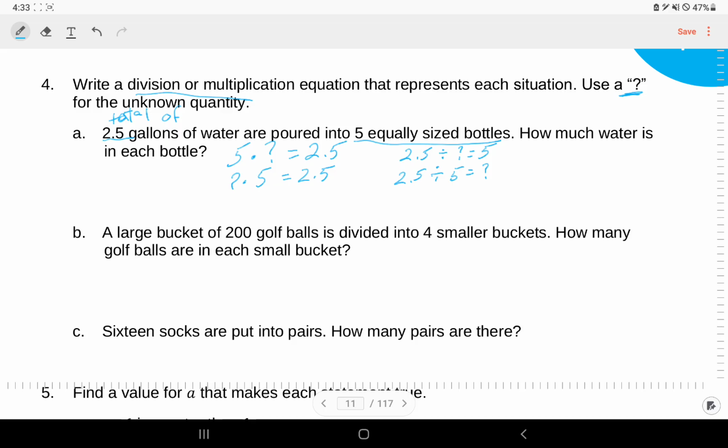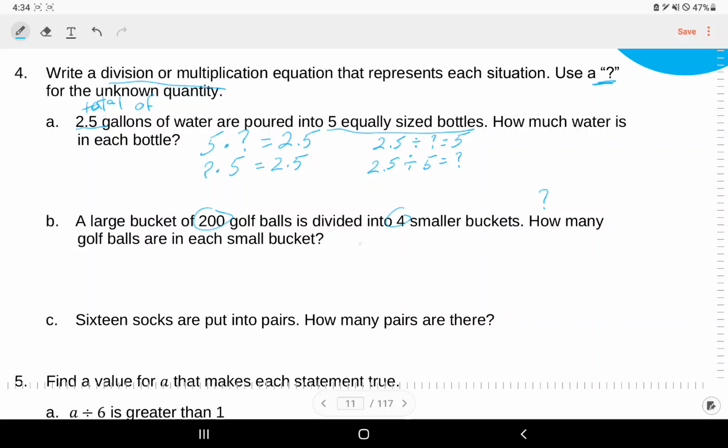Okay, for B, a large bucket of 200 golf balls is divided into 4 smaller buckets. How many golf balls are in each bucket? So we've got a 200, a 4, and a question. So a large bucket of 200 is divided into 4 smaller buckets.